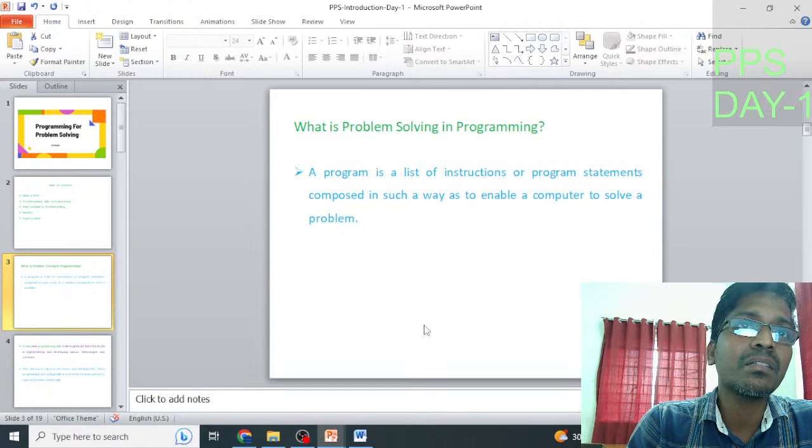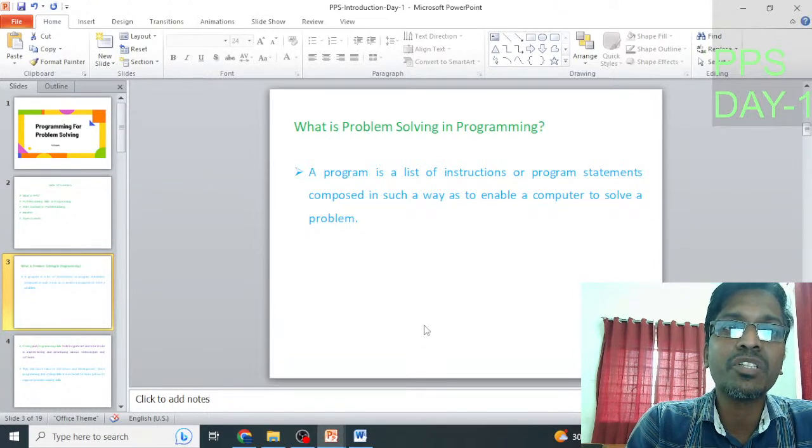For example, if you want to solve any operation in a computer related program, like a simple addition of two numbers program, if we know how to perform addition of two numbers, then only we will write the algorithm, and by using that algorithm, we convert the entire algorithm into the form of a programming language.